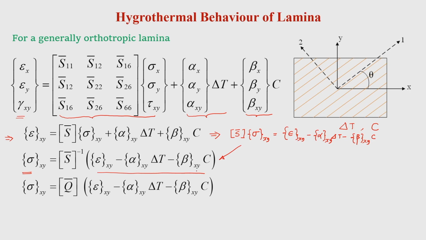Okay. So, this S bar inverse is nothing but Q bar, the reduced transformed stiffness matrix. Therefore, if we know what is alpha x y, what is beta x y, and the change in temperature and the change in moisture content, we can find out what is the stress induced in the global axis. Okay.